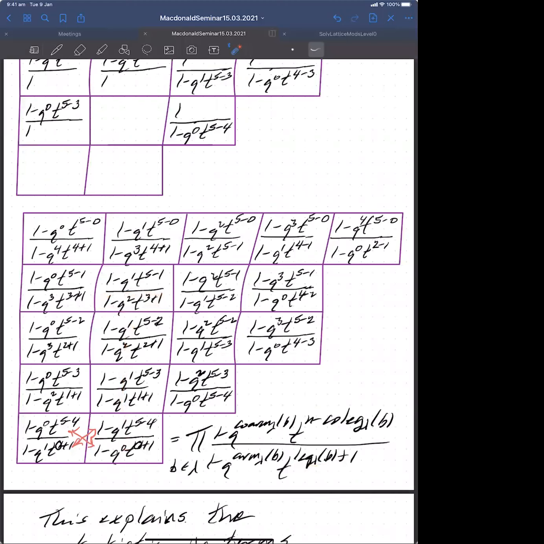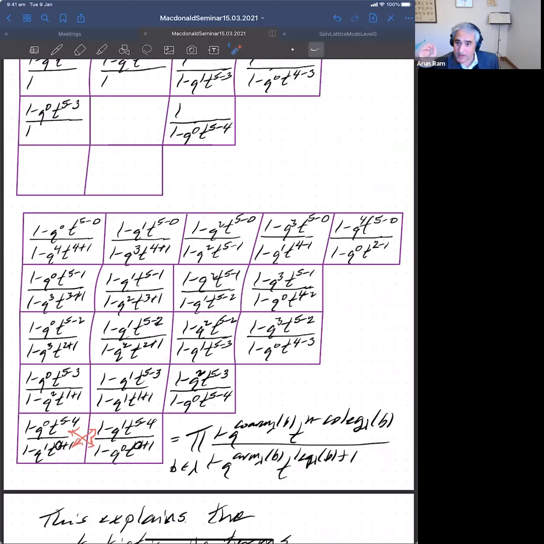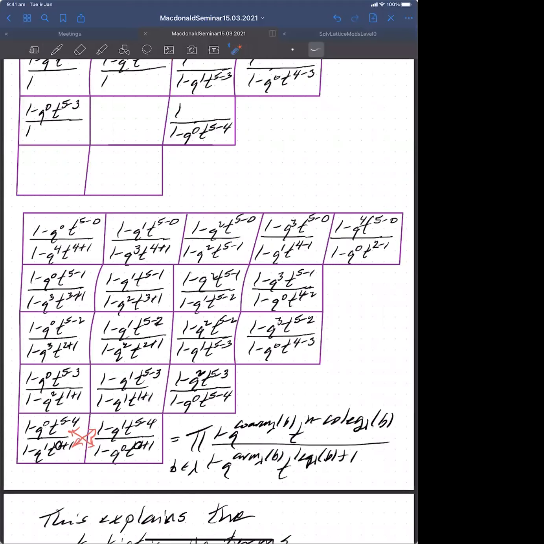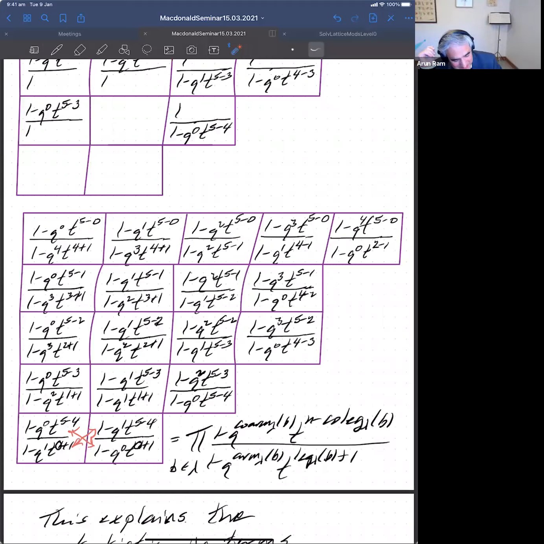They have to match, otherwise they will not cancel. So if you have more boxes in the first row but fewer boxes in the first column, it will never happen. The theorem is that they cancel. Oh, okay. That's the theorem, that this number here will exactly cancel this number.